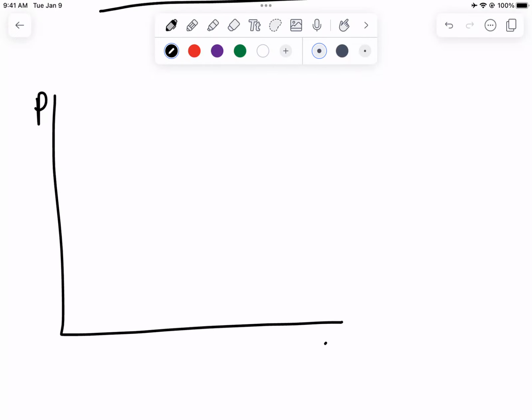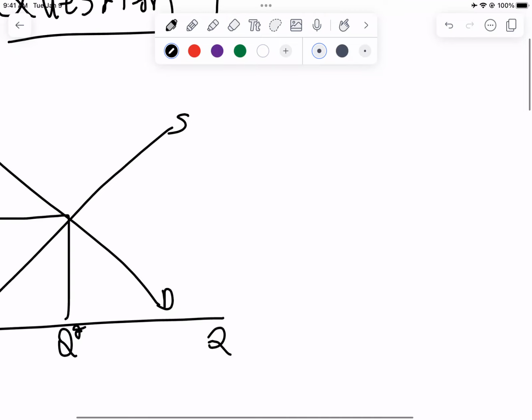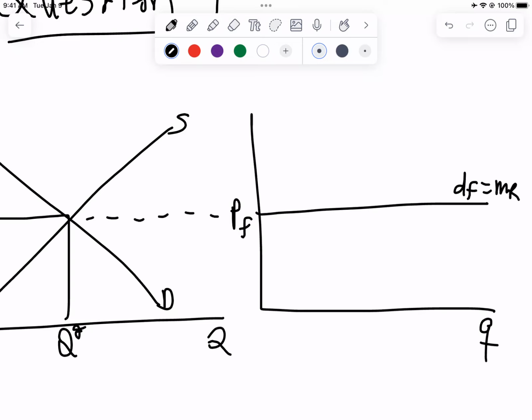I first draw the market graph, which is just demand and supply, and that's my price, and this is my quantity. So this will be the same price for the firm. Just draw a straight line over here. This will be the price for the firm. That's the demand for the firm, which is also the marginal revenue.